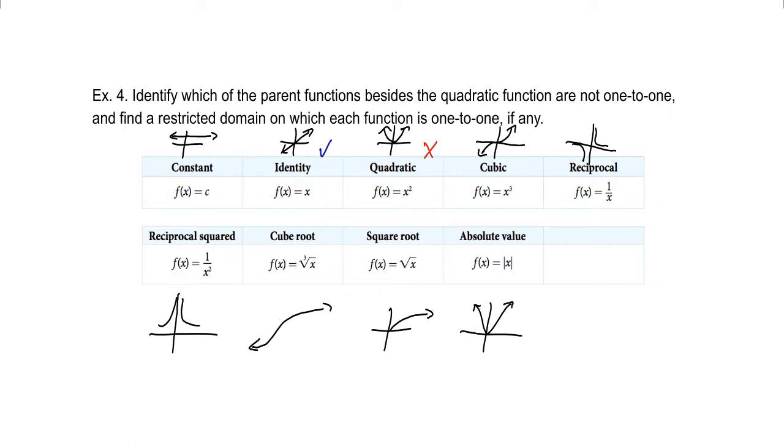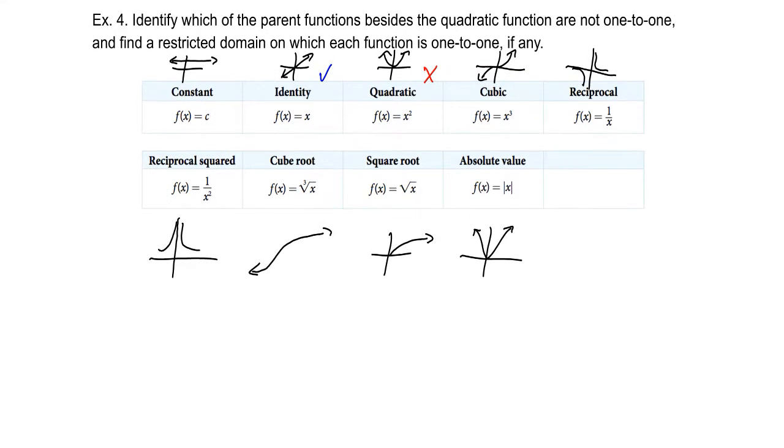Right, and a domain for that, let's go ahead and say this, f of x equals x squared. If we restrict ourselves to only consider the right half of this function, then that part is one-to-one if we neglect the left. So this is one-to-one if x is greater than or equal to 0. We're going to restrict it to this.